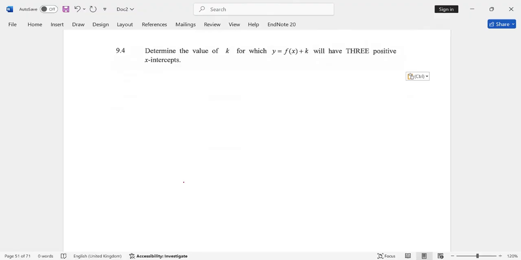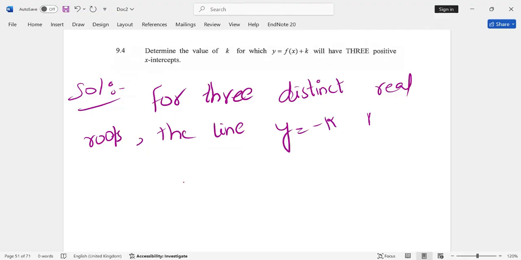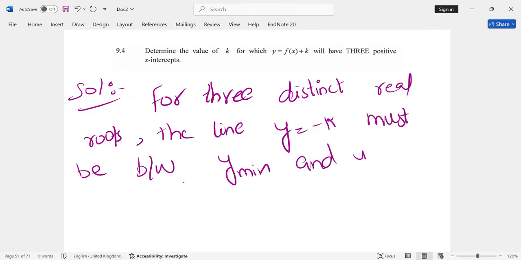So for 3 distinct real roots, the line y equals minus k must be between y minimum and y maximum.